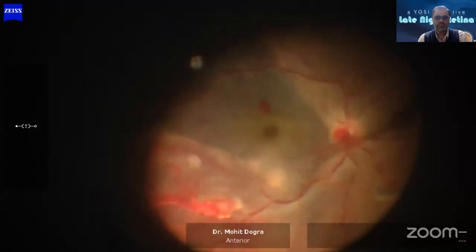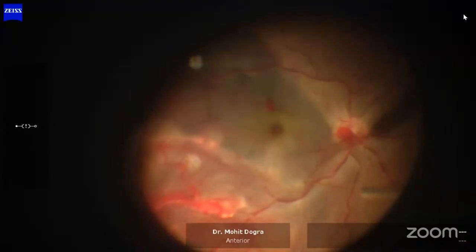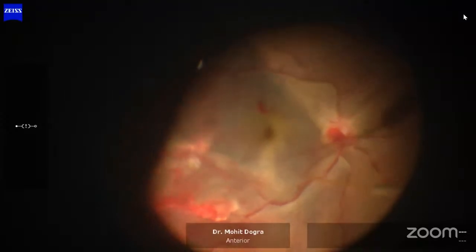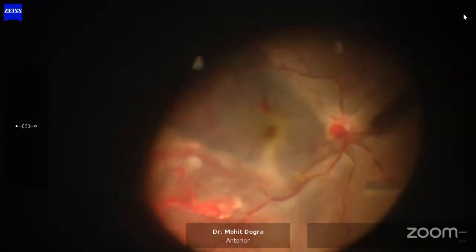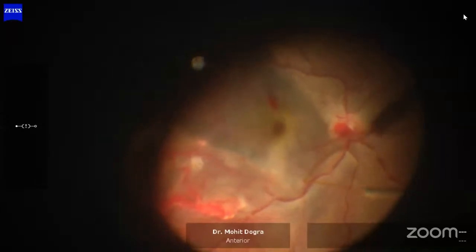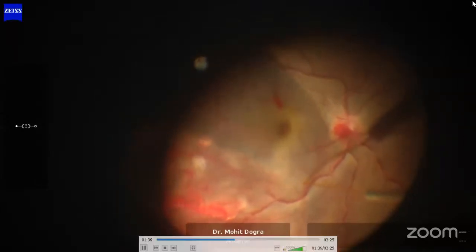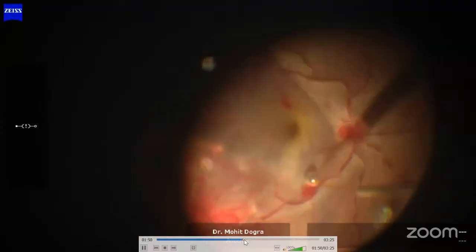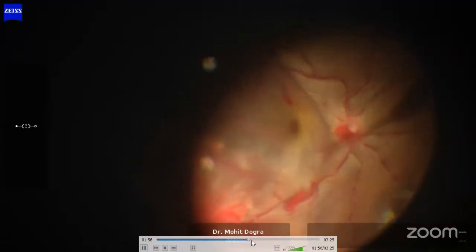BSS solution is being injected. Then 0.3 cc of filtered air is injected to displace the subretinal bleed.